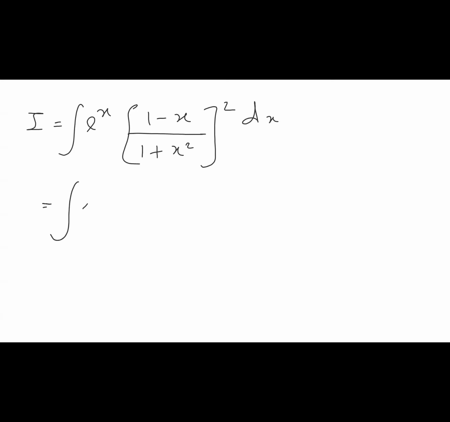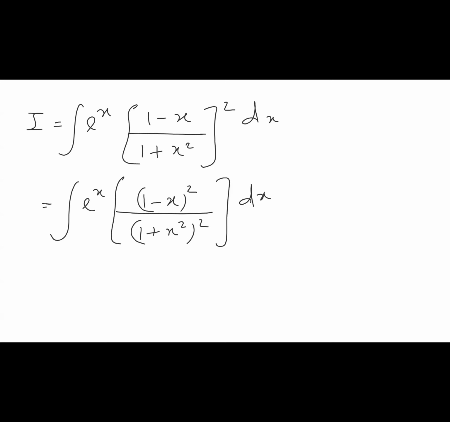Next problem. E raised to x (1 minus x) upon (1 plus x square) the whole square. I'll split the square. Square is given in the numerator as well as the denominator.